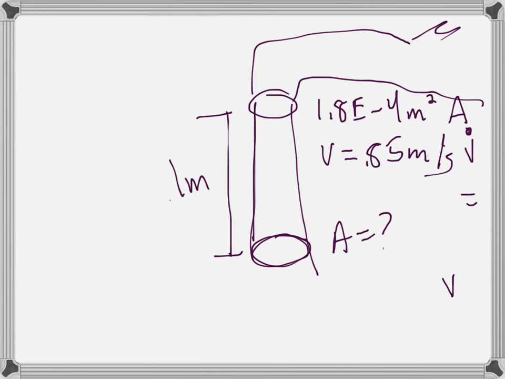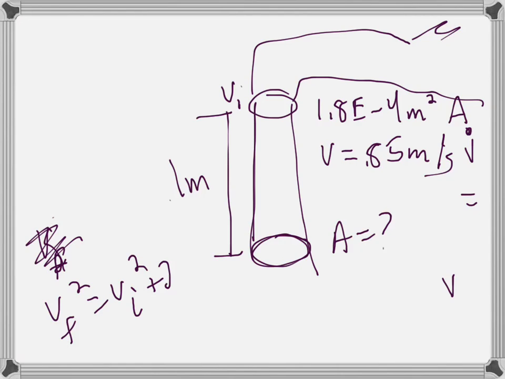You know what its initial velocity is right here, and you know how far it fell, so you're using a uniform acceleration equation: VF squared equals VI squared plus 2 gravity height. You can figure out the velocity down here, and then take this area times this velocity, divided by this velocity, and you'll have your cross-sectional area.